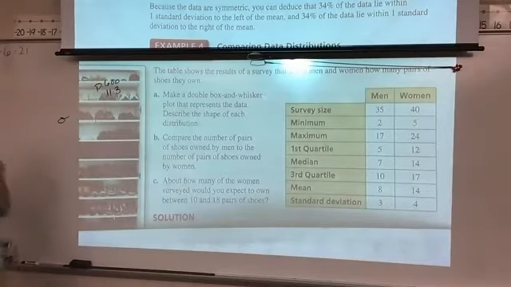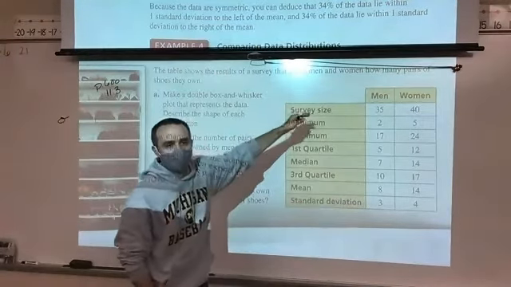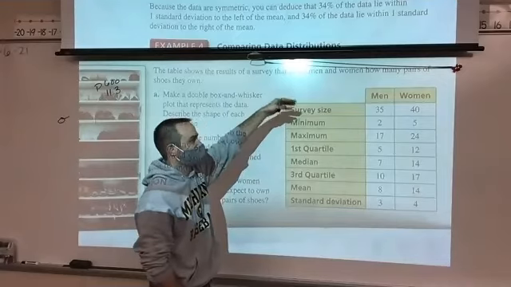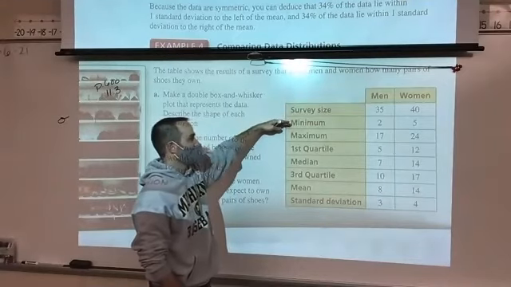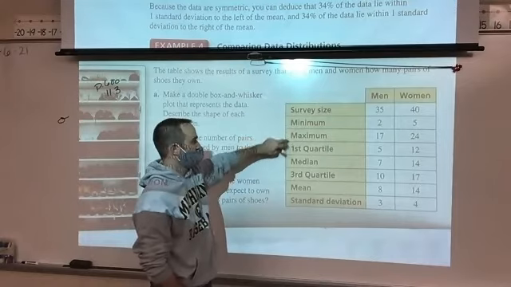So take a look at what they're showing us. We're seeing the results of a survey of men and women, how many pairs of shoes they own. So they give us a lot of information. Survey size, that's just how many people they surveyed, right? It's how many people did they ask? 35 men, 40 women. The minimum, maximum, that's the smallest and the biggest number of shoes.